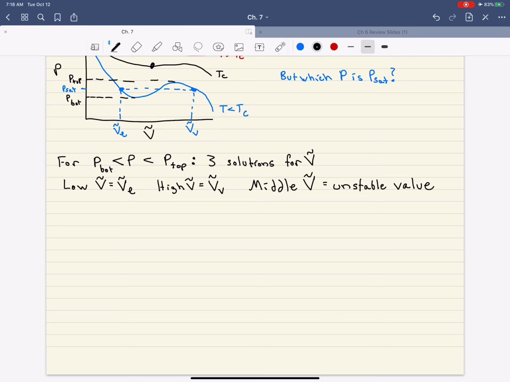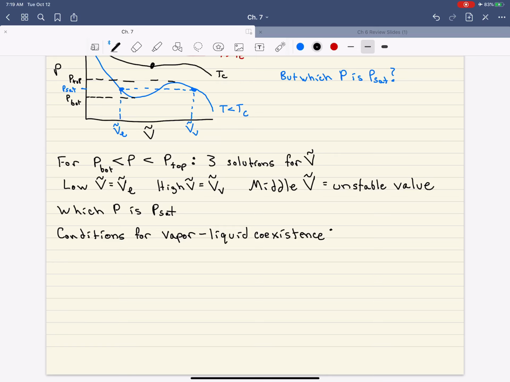And so if we're trying to figure out which pressure is P sat, we would have to identify the criteria in which our vapor and liquid phases coexist.